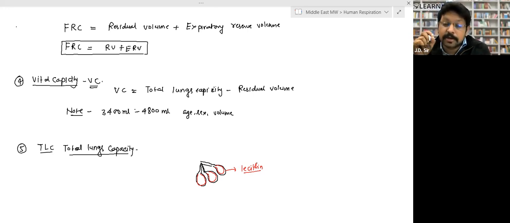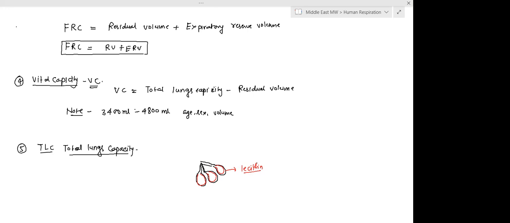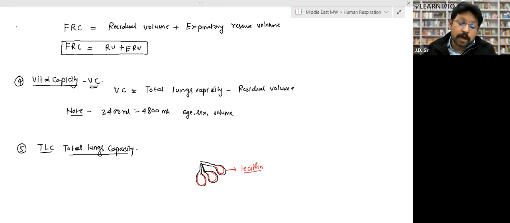So lecithin layer formation is a must for a child who is born. Clear? Yes, sir. Now please note it down. Put a note after this topic.